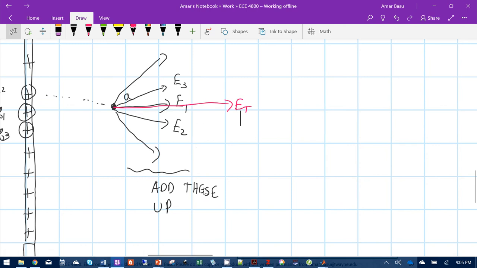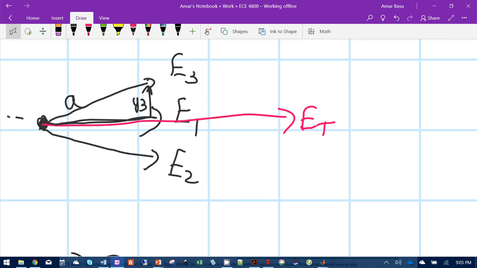Why? Because, all right, let's delete these two here. So we had E2 and E3, right? They're symmetric. They're mirror images of each other. So E3 has an x component and a y component. Let's call this Y3. E2 has the same x component, and the y component is equal to negative Y3. It's equal and opposite.